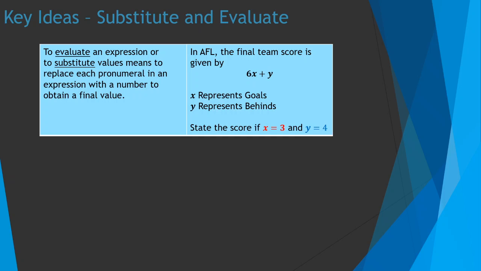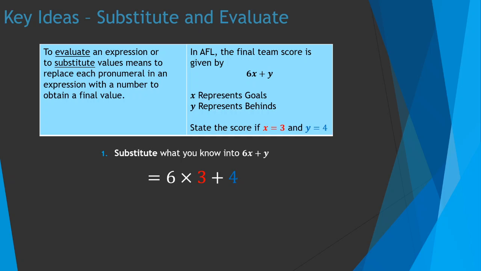So the question here says, if a team scores 3 goals and 4 behinds, what is the score of the team? We know that x represents goals and y represents behinds. So substitute what you know into the expression. First things first, I know what x equals and I know what y equals. So wherever I see an x, I put a 3, and wherever I see a y, I put a 4. It's as simple as that.